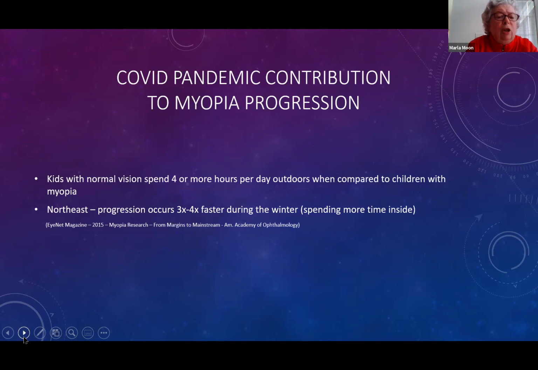Some other things that can contribute to this. Again, some other studies are showing kids with normal vision spend 4 or more hours outdoors when compared to children with myopia. And another big thing for us in the Northeast, the progression of myopia is 3 to 4 times faster during the winter, because they're spending more time indoors than if they're in Florida or Texas.